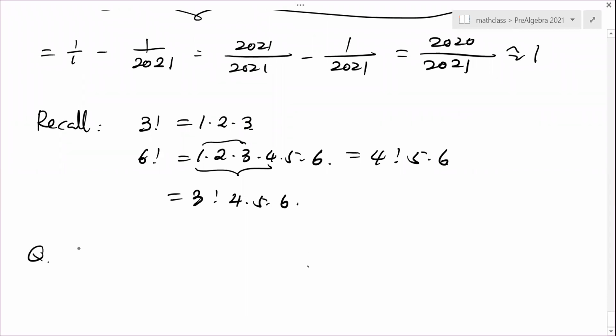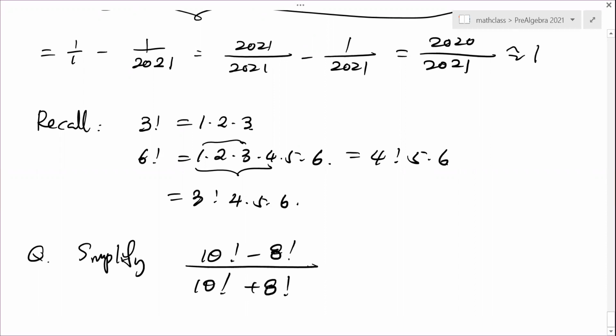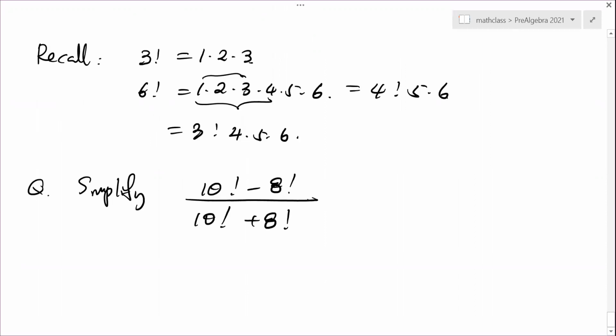Okay? Simplify: 10 factorial minus 8 factorial, over 10 factorial plus 8 factorial. Now, if you want to multiply this out, 10 factorial is a huge number. 8 factorial is 1 times 2 times 3 times 4, all the way to 7, 8.